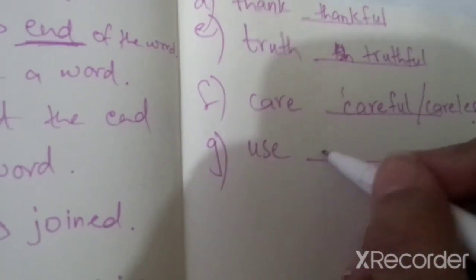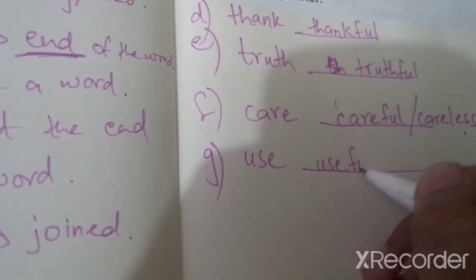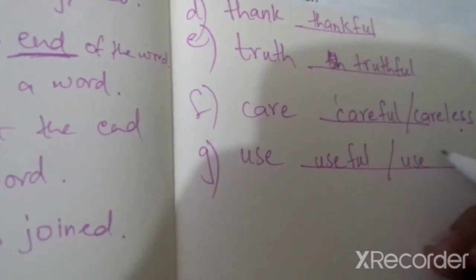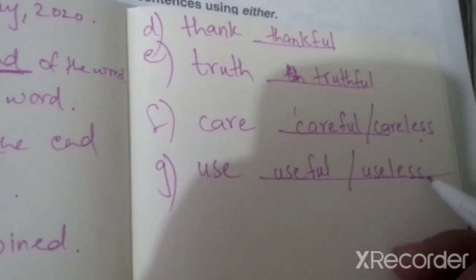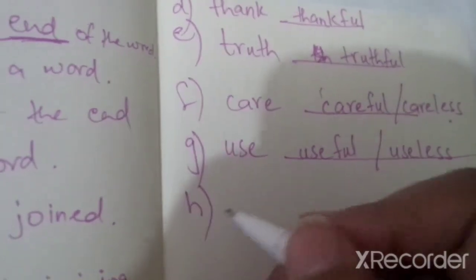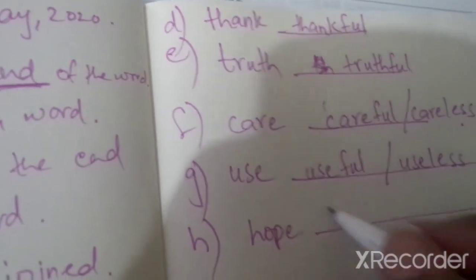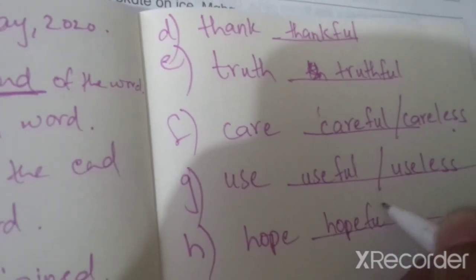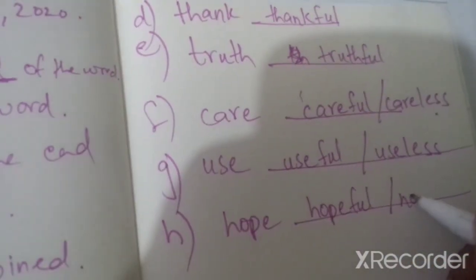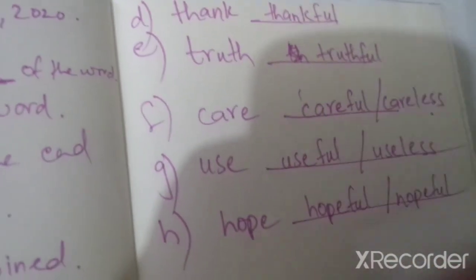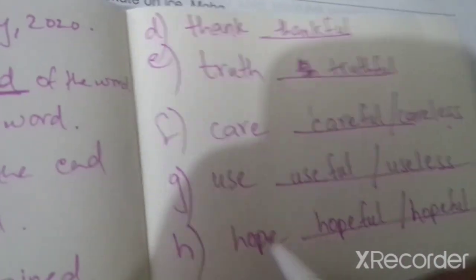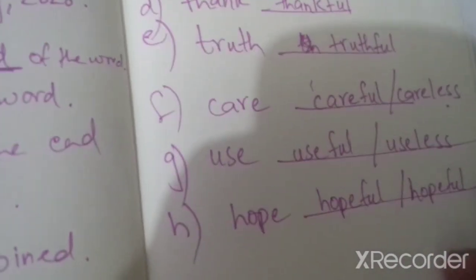Again, we can use full and less with use, and we'll have two adjectives. H part, hope. We can write full and we can write less with hope. Both of them will turn this noun into an adjective.